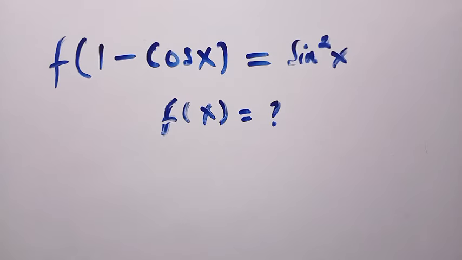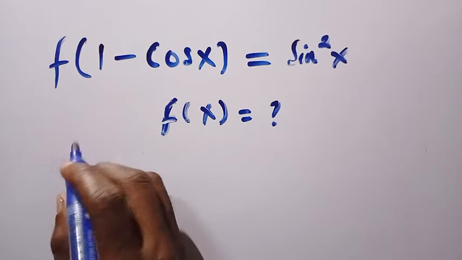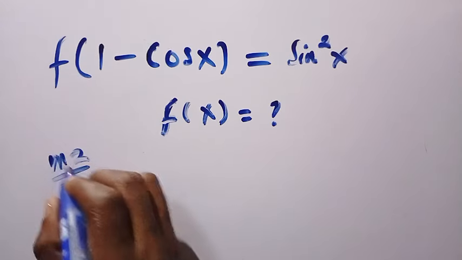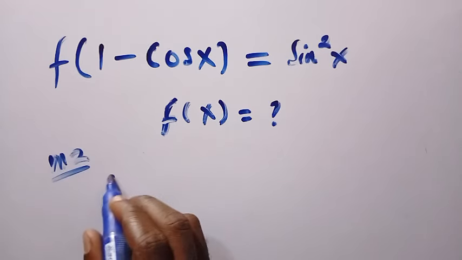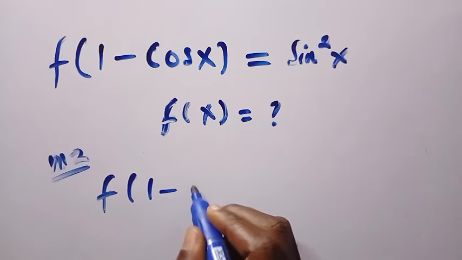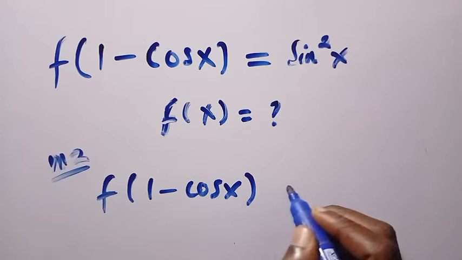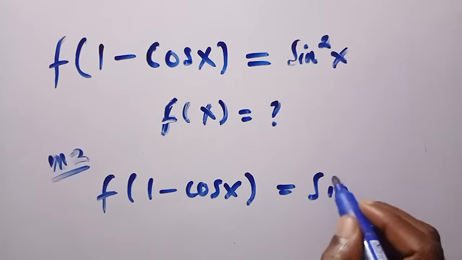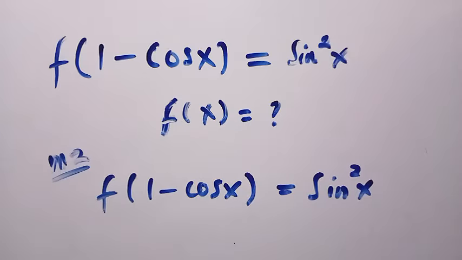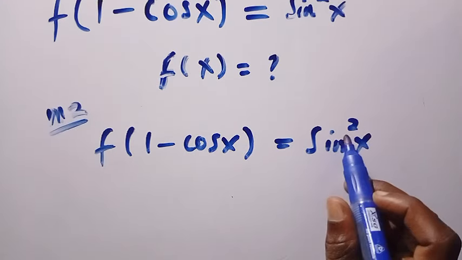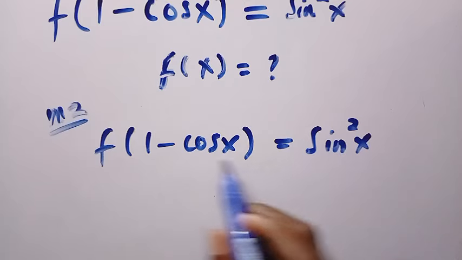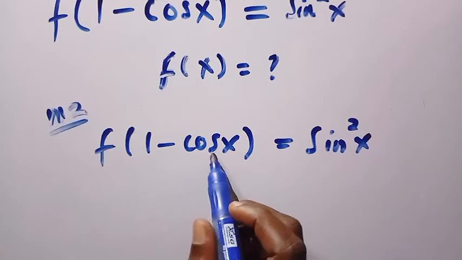So in this second method, I will be applying the form manipulation. How does this work? The function here is f of 1 minus cos x equals sine squared x. So this side is given as sine squared x, and the domain is given as 1 minus cos x.